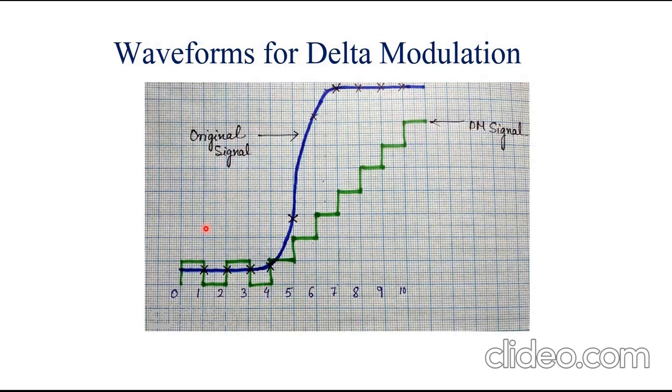I have already discussed in the previous session that there is a quantization error, and it happens because of two issues. One is granular noise and the second is slope overload distortion.